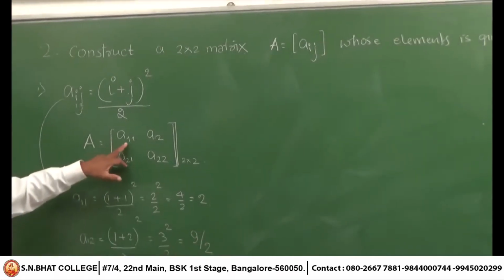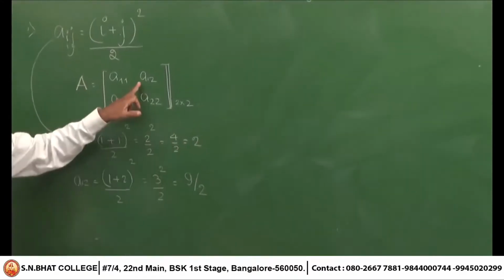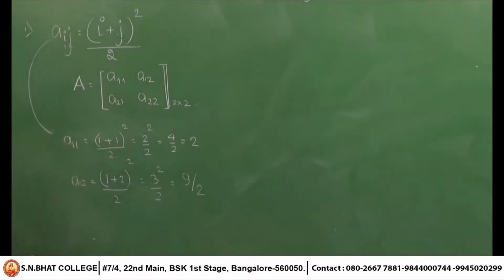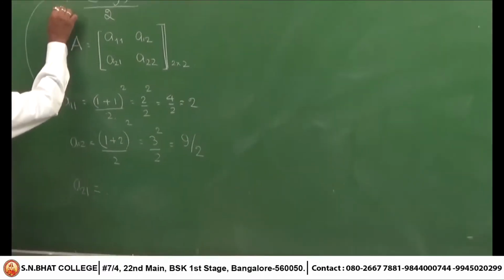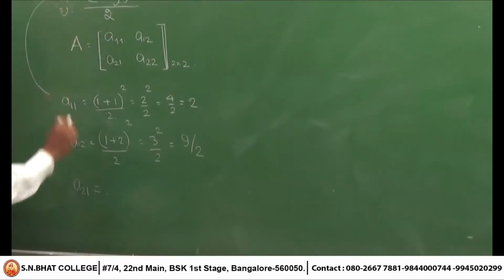I have calculated A11, A12. Next I have to calculate A21. To calculate A21, I have to replace I by 2, J by 1.